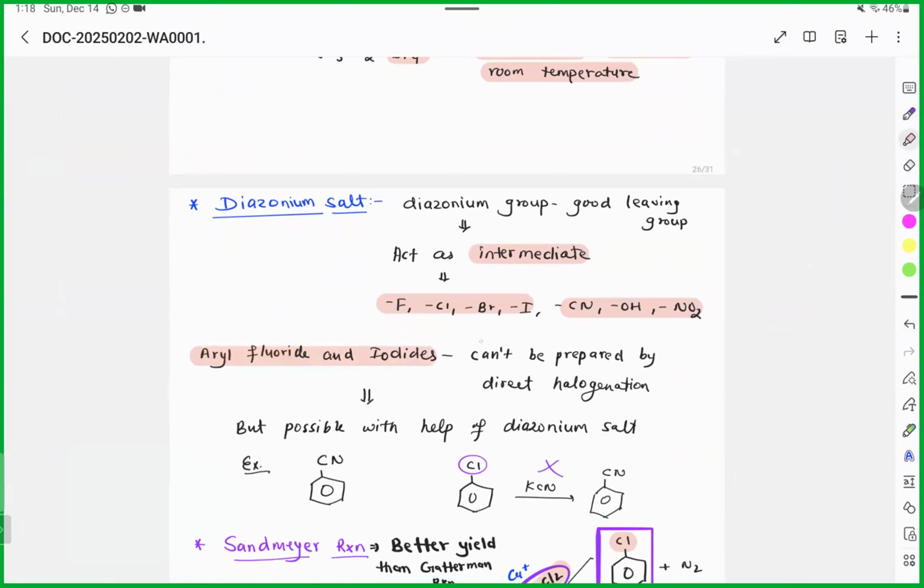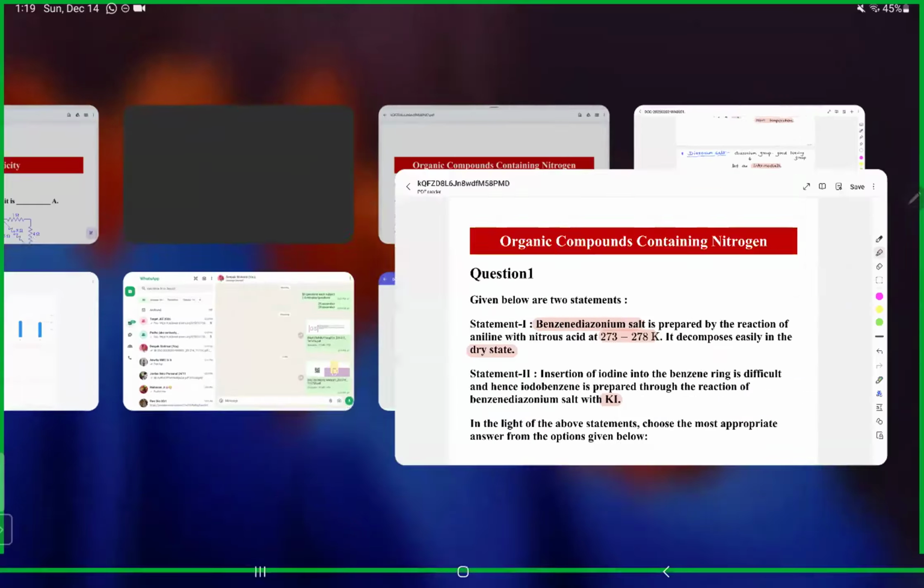Here fluoride cannot be prepared by direct halogenation, but is possible with diazonium salt. Reason: nucleophilic substitution reaction is not possible in this case. Correct?